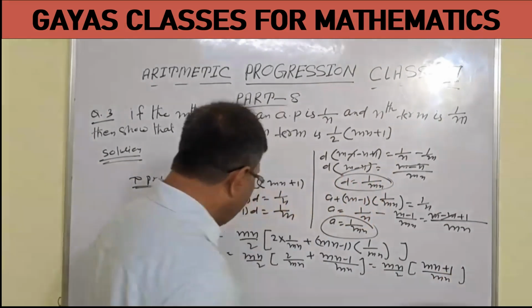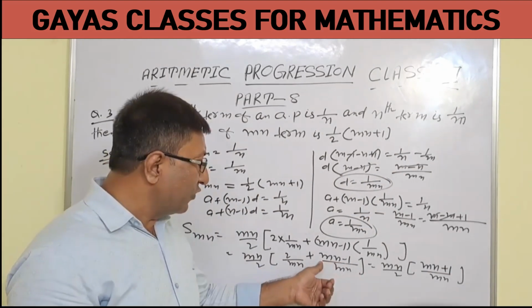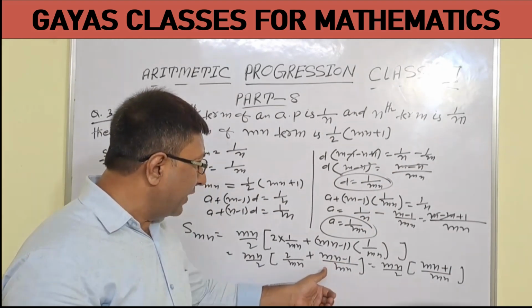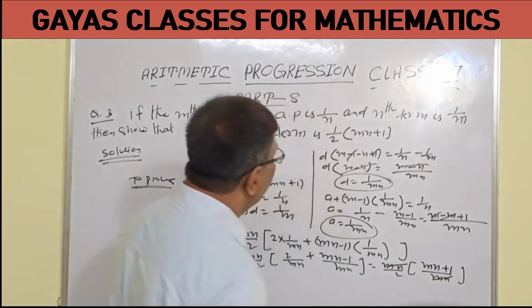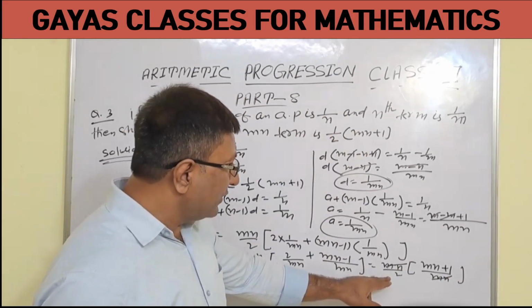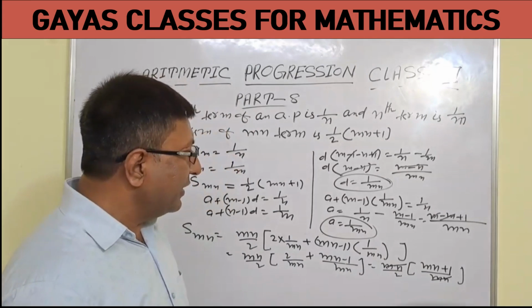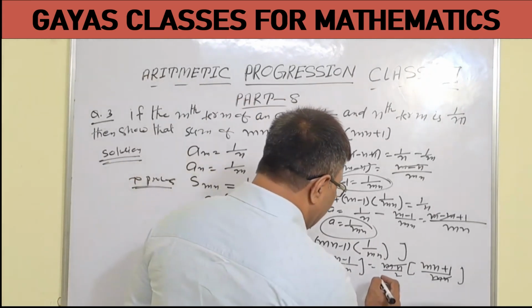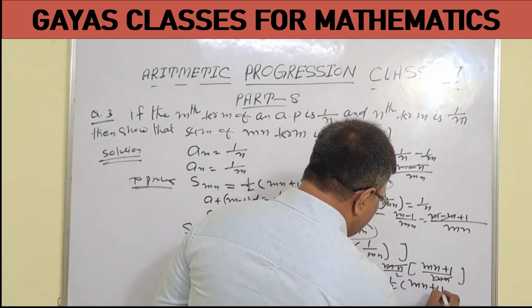So mn by 2 into 1 plus mn divided by mn. So this mn and this mn are cancelled, so you get what? Half into mn plus 1. This is our correct answer. So we can write here half into mn plus 1, right?